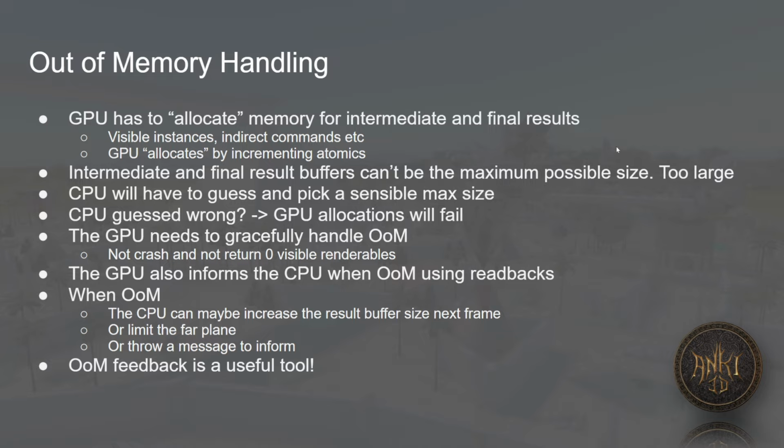Informing the CPU is performed by writing to some readback buffer. The CPU will read this buffer a few frames down the line, and it will do something about this out-of-memory condition. It may increase the size of the result buffers for the next frame, or limit the far plane, or throw a message to the user or something. So yeah, handling out of memory is a useful tool in general.